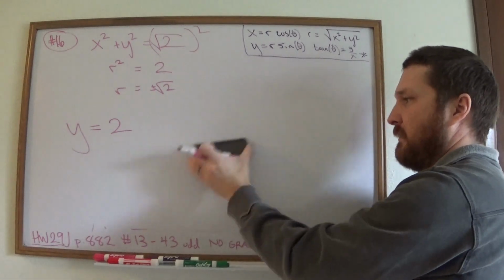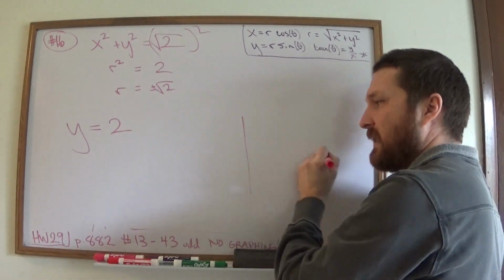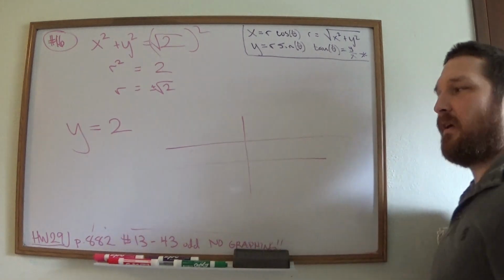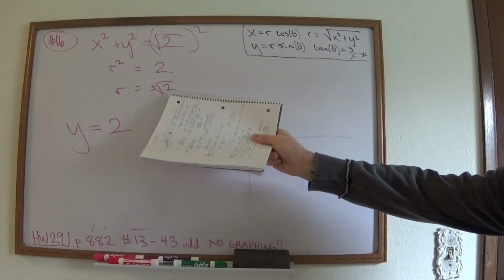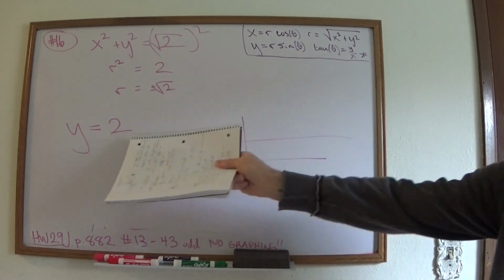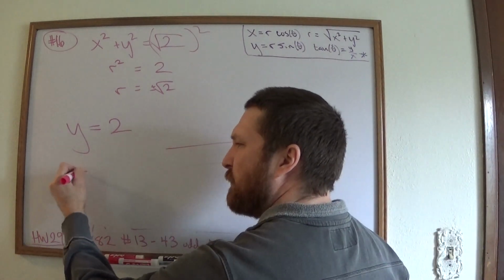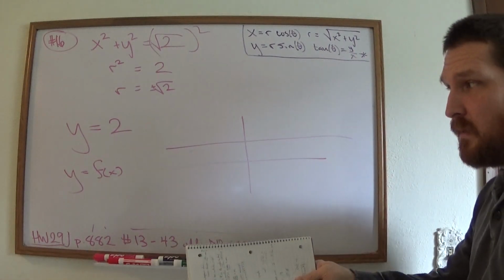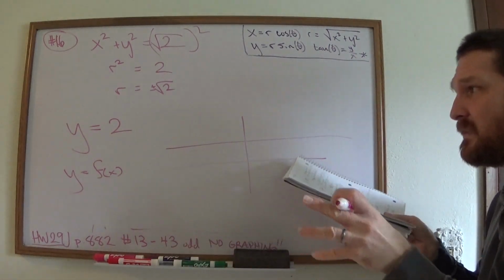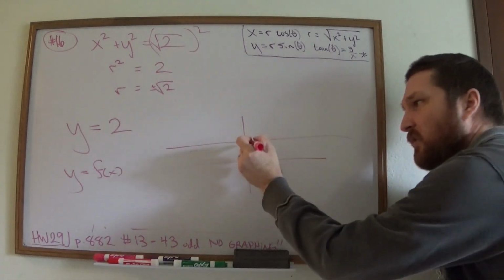What is that? It doesn't matter what value you put in for x, does it? Same way here. It doesn't matter what value you put in for theta. Y is supposed to be a function of x, and x isn't there. That means it's not dependent on x. No matter what your input value of x is, the output value is still 2. So this is your line.